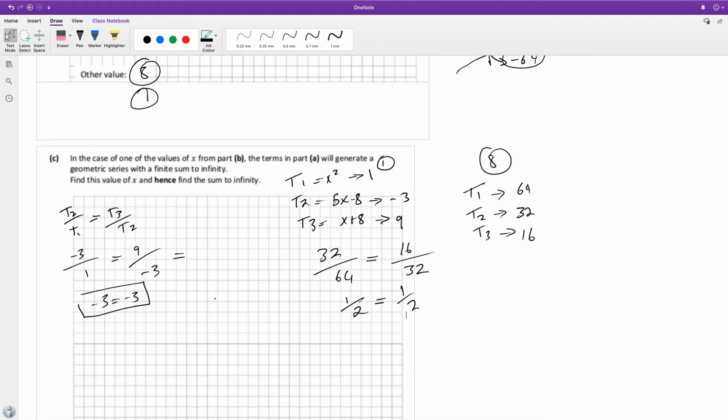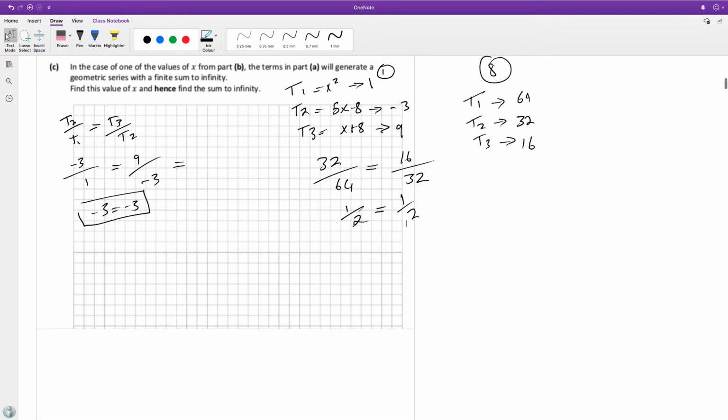In the case of one of the values of x from part B, the terms in part A will generate a geometric series with a finite sum to infinity. Find this value of x and hence find the sum to infinity. I'll see. They're both working. It says only one, but they're both working. Right.